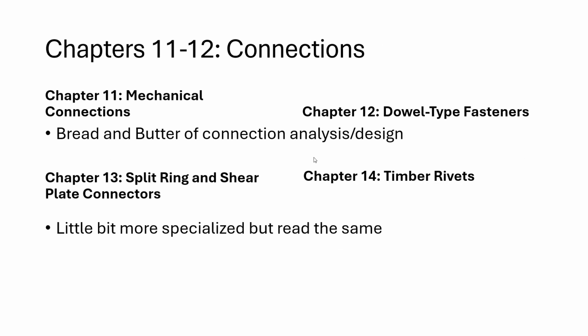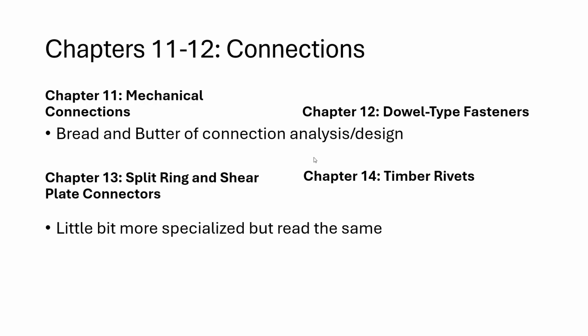So moving on into chapters 11 and 12, the mechanical connections of chapter 11 and then the dowel type fasteners of chapter 12 are the bread and butter. For coursework or licensure exams, I would be surprised if you saw anything outside of these 2 chapters. They read very similar to a section design chapter.